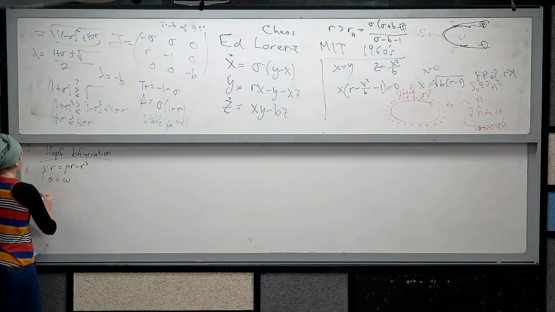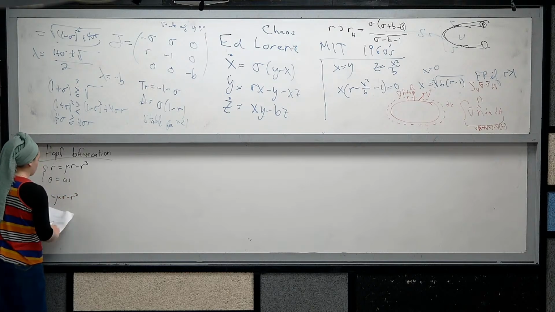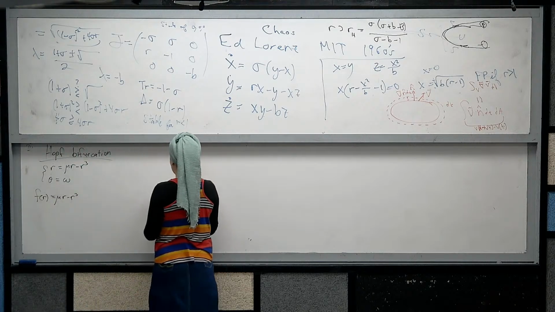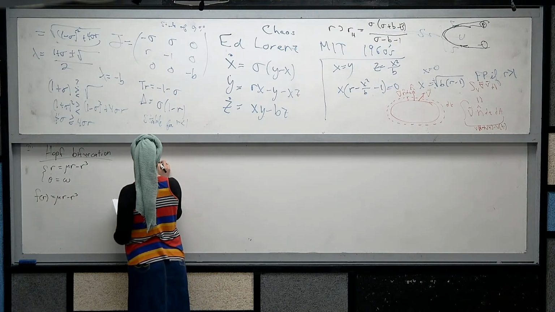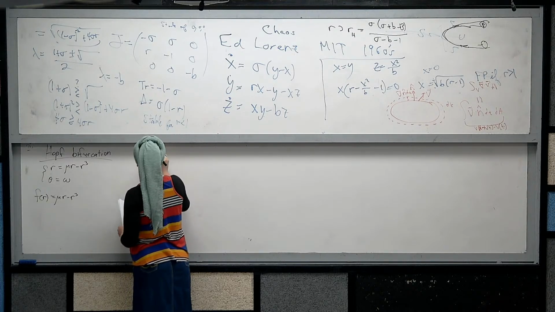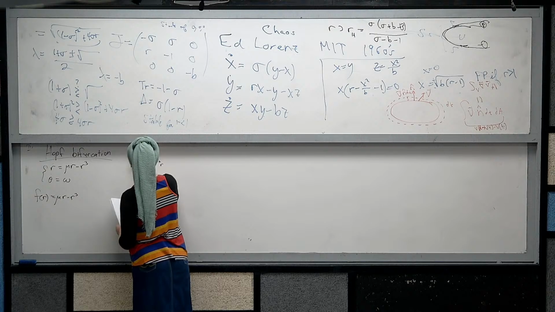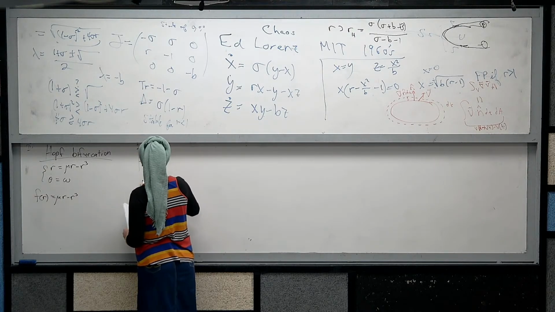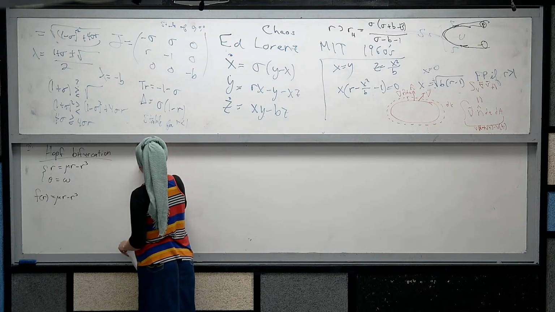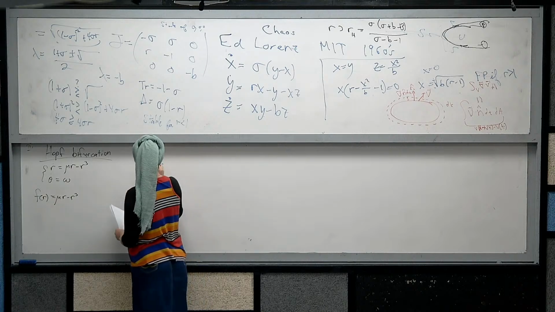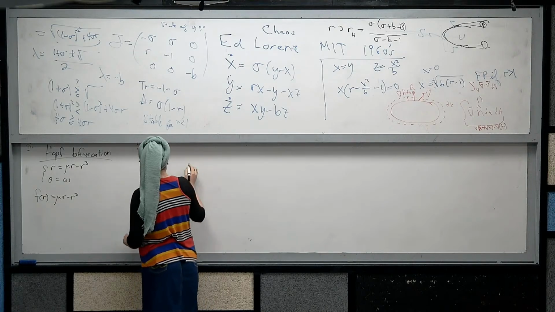Let's look at how this function f of r, mu r minus r cubed, depends on mu. We have r and mu. For mu lower than 0, the function looks like this, which means we have a stable point here.